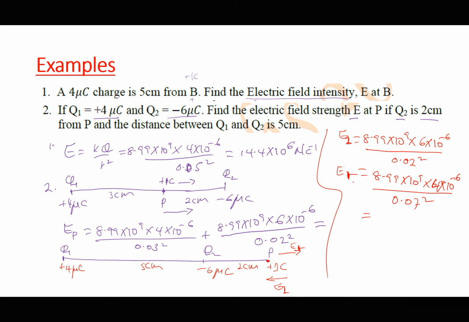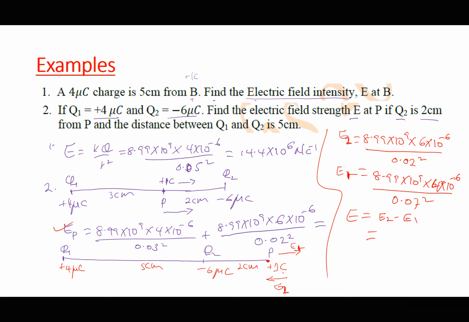This will give you the new values of E2 and E1. The resultant: I think E2 is greater than E1 because of the distance. So I will simply say E2 minus E1. The resultant electric field strength will be to the left because E2 is to the left. So you just subtract these two values and you get the answer. I'll just put it in my calculator at once. So this was the first case when I considered P in between. You can press your calculator to find that answer.